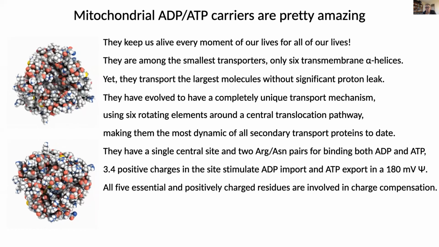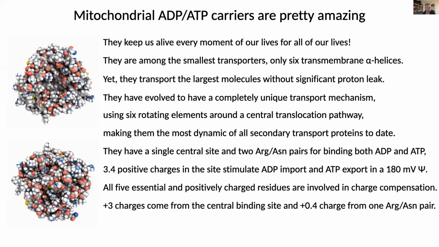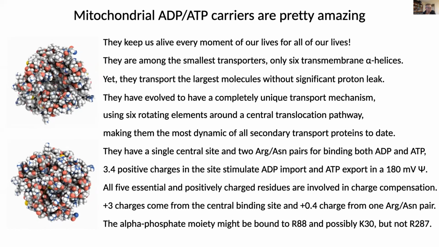And we've also proven by doing the mutagenesis that all 5 essential positive charge residues are involved in charge compensation. And we think that 3 of those come from the central binding site, and that the 0.4 charge comes from the arginine-asparagine pair that is involved in the movement in one direction.